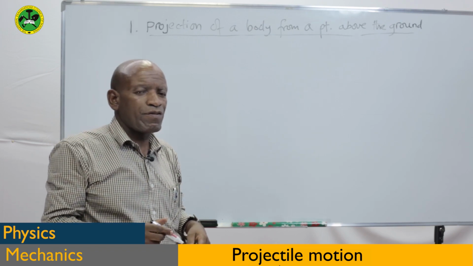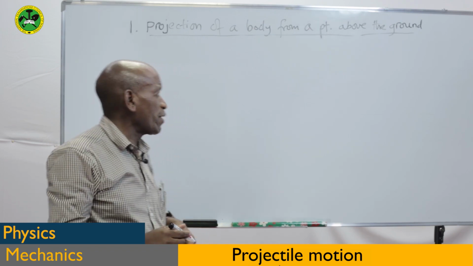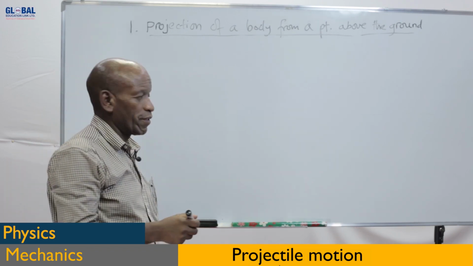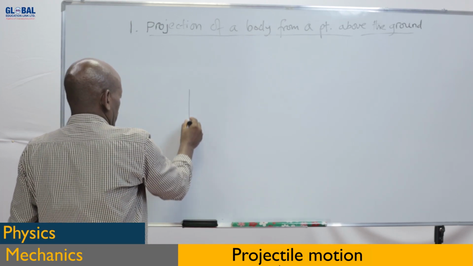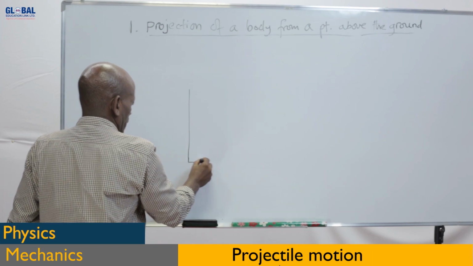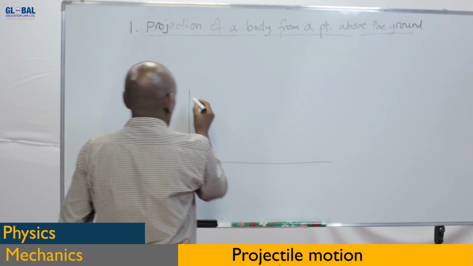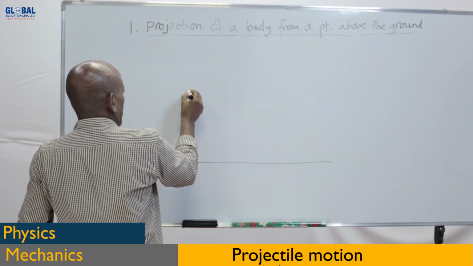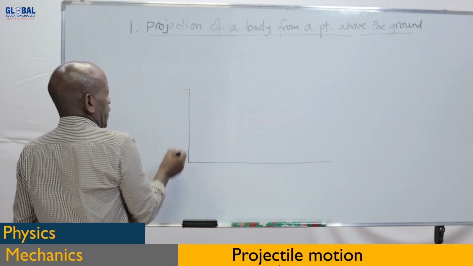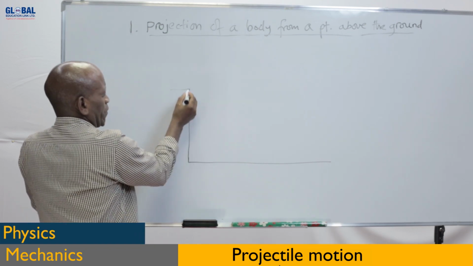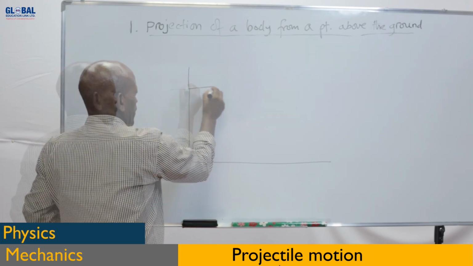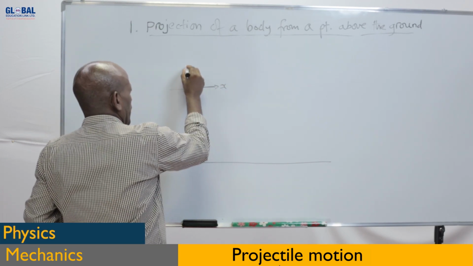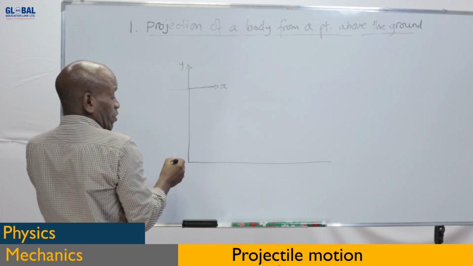So our first case is the projection of a body from a point above the ground. We have a simple sketch like this. The projection point is that particular point there, having our x and y directions, horizontal and vertical.